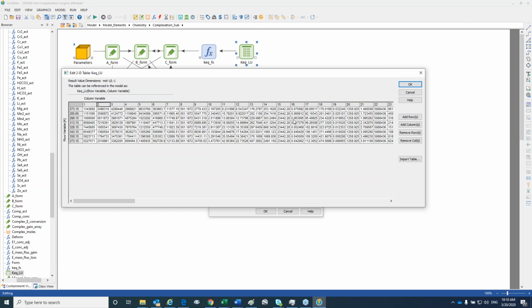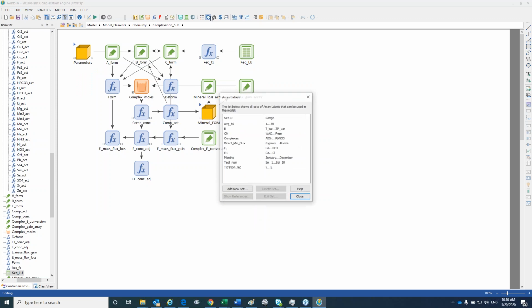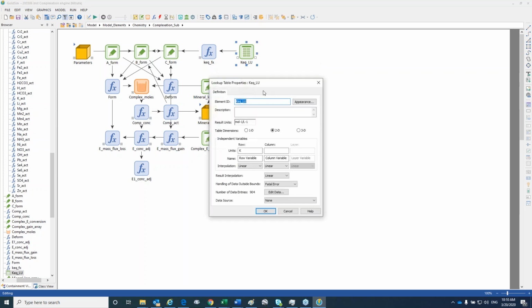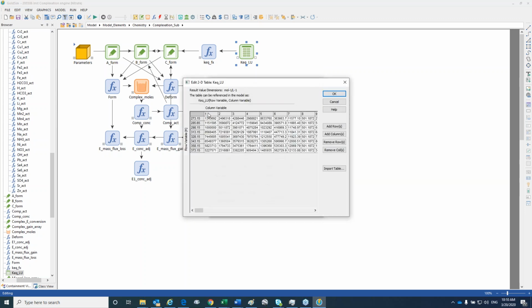But every single one of these represents the KEQ for the element that we're trying to form in the complex set. For example, for ALOH, which is the first one, this is the temperature dependent inverted KEQ for aluminum hydroxide.